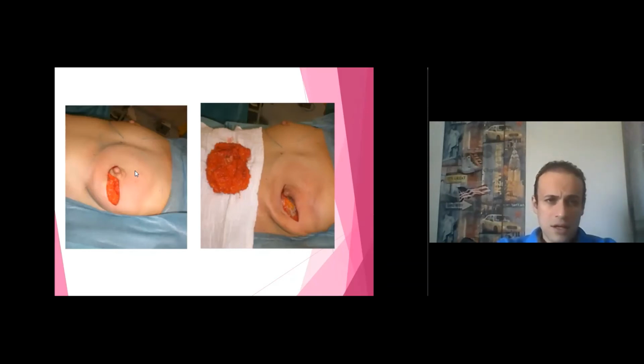We did an MRI examination, which is not standard in the diagnosis, and it confirmed that there may be multicentricity, and we should do another incision here. We removed the whole breast glands, as we see, and we can then place a silicone implant through this incision for symmetry with the other side.